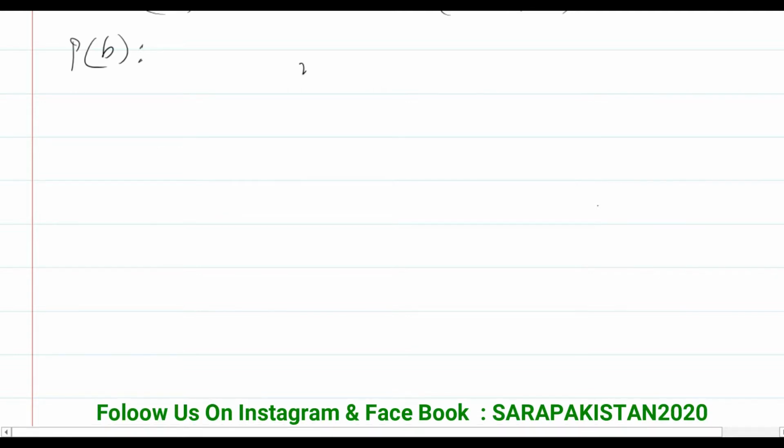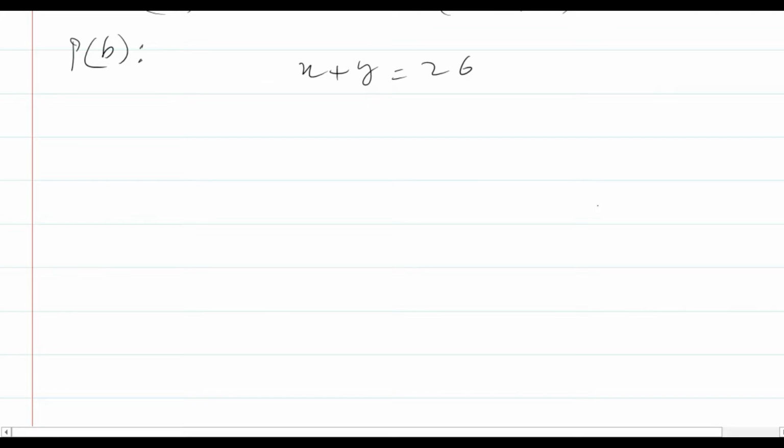For the second part of this question, x plus y is still 26 and xy is 150. The process is the same, there isn't any change. x will be equal to 150 over y, and now you can put this value in the first equation.